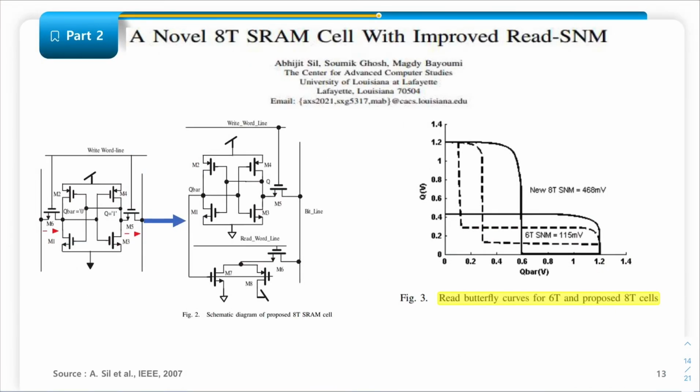So to illustrate it, I brought a paper which tells us the effect of an 8T SRAM. I mean the effect of adding some more transistors to the conventional 6T SRAM. As you can see in this figure, just by adding 2 more transistors here, the margin of the SRAM device improves, as you can see here.